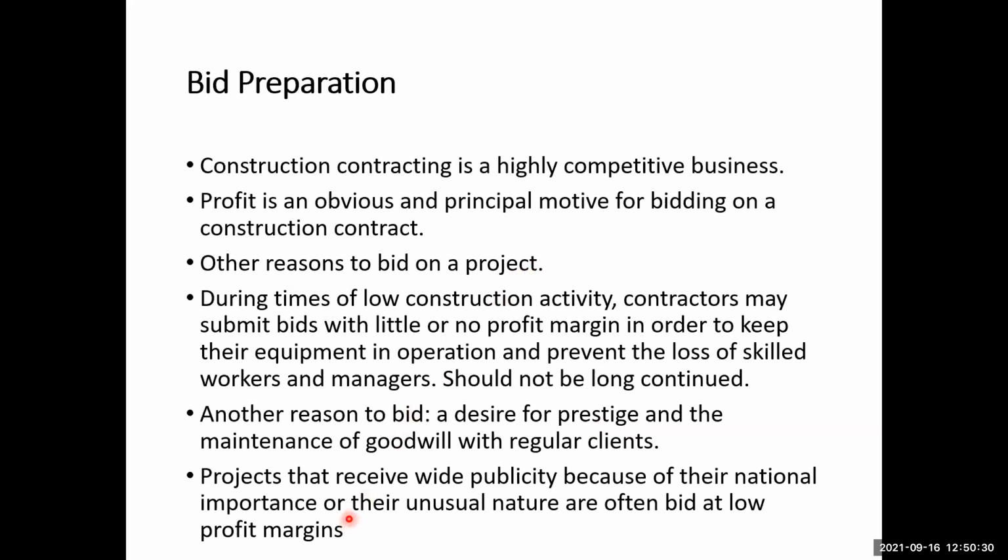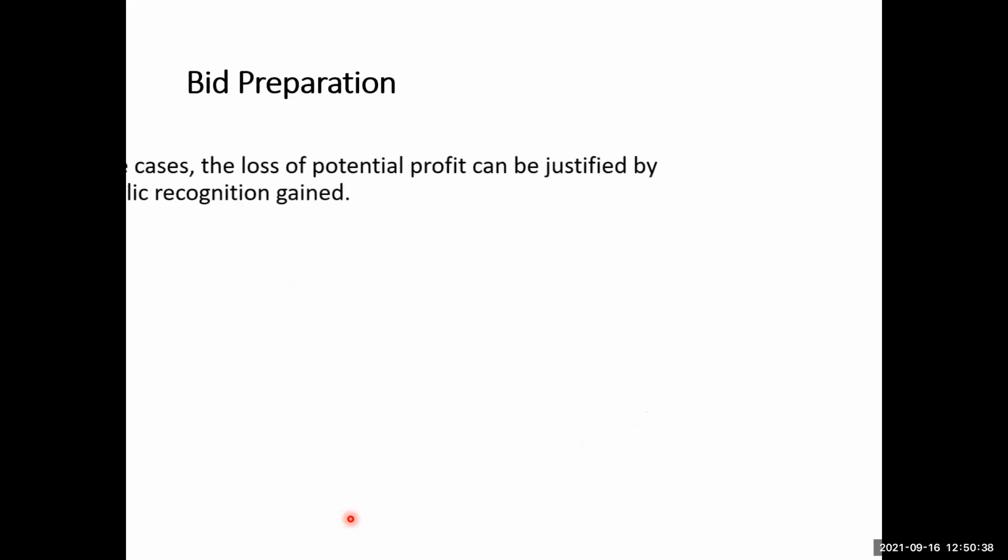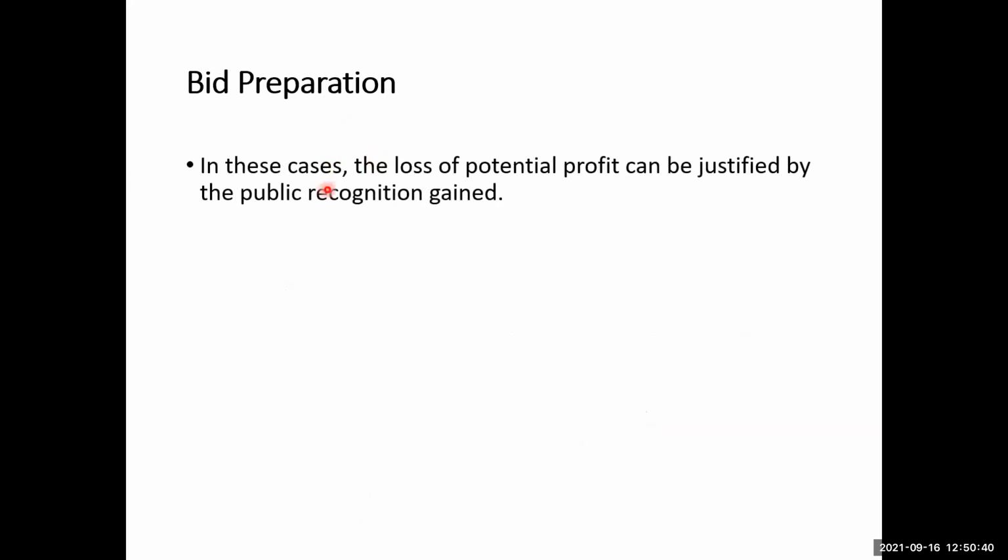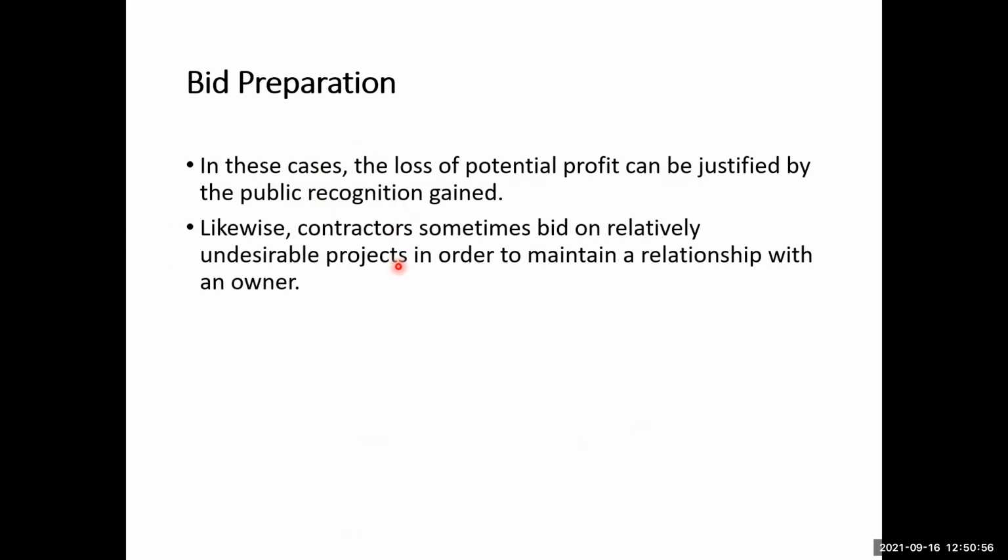So these are some of the reasons why contractors bid for projects. In these cases, the loss of potential profit can be justified by the public recognition gained. Again, we are talking about prestige projects. Although there may be a loss of potential profit, we can get public recognition.